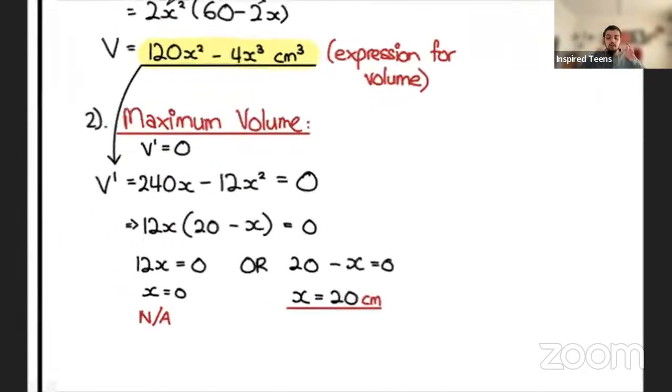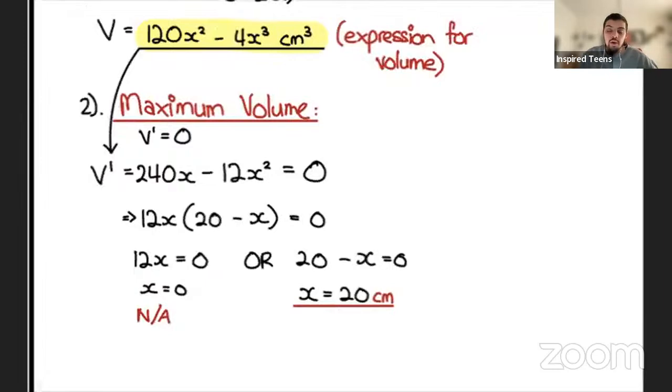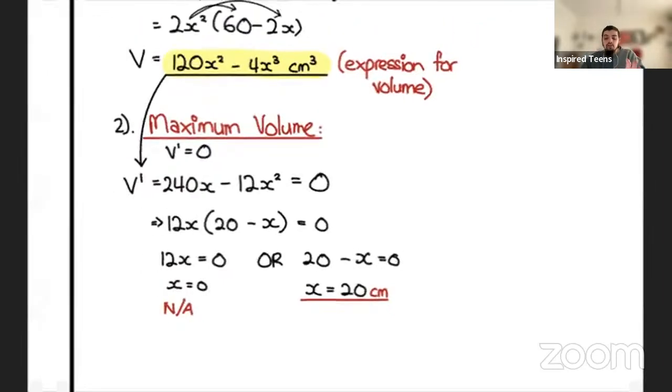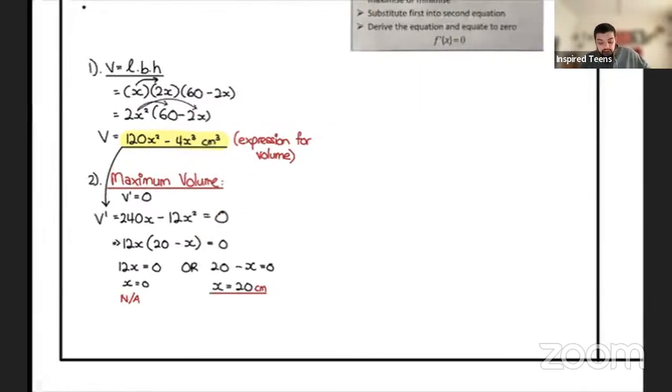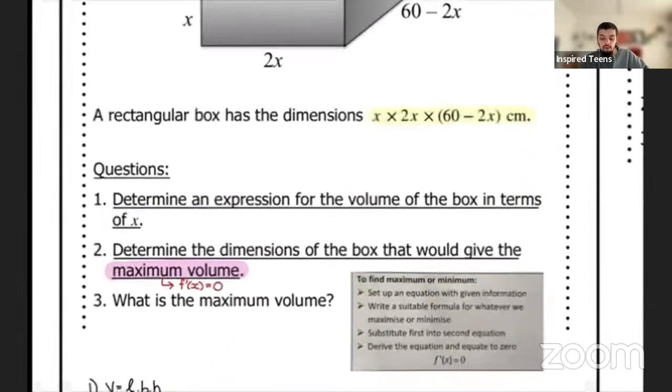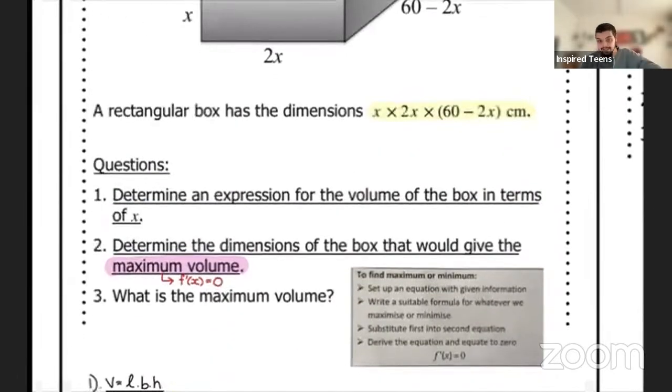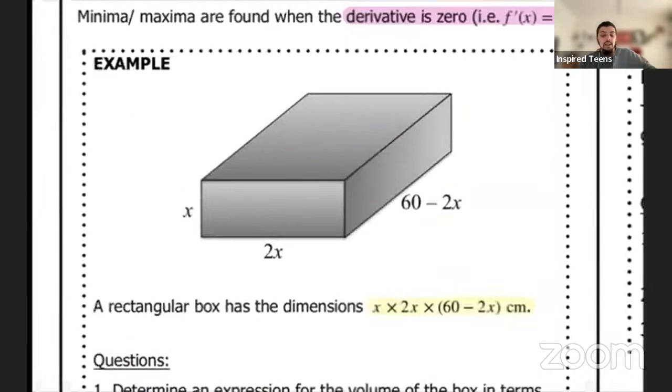Do you see, when you derive and equate to 0, you actually solve for x first. You haven't solved for the maximum volume, but you solve for the value of x that gives you maximum volume. Always keep that in mind. That's the first thing that happens. The question wanted to know the dimensions that would give maximum volume, so what should x be in order for this to have the maximum volume?